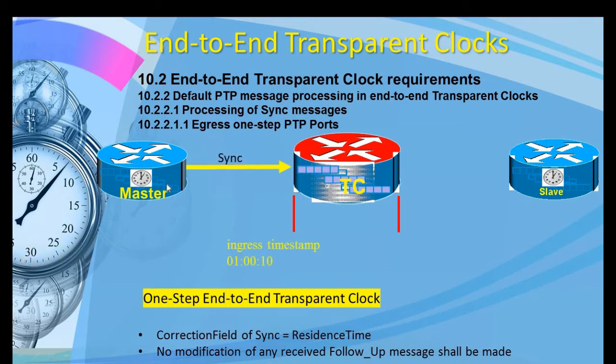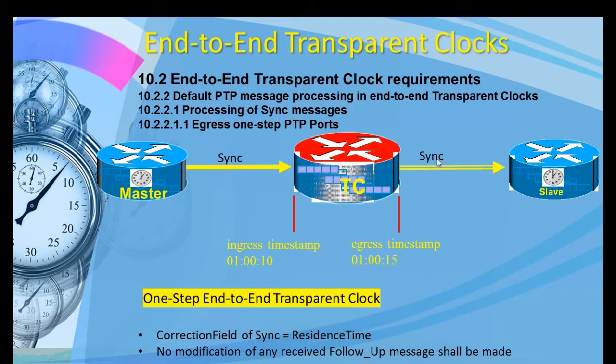So this is the sync message sent out from the master side. On the ingress port, it makes a timestamp called the ingress timestamp. After going through the transparent clock, on the egress port it makes another timestamp called the egress timestamp.